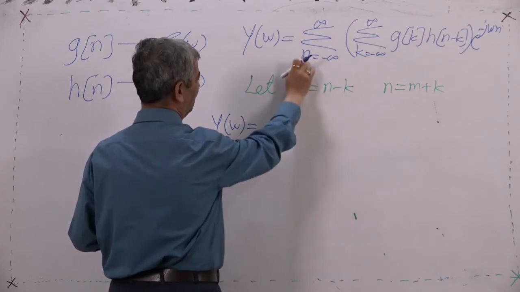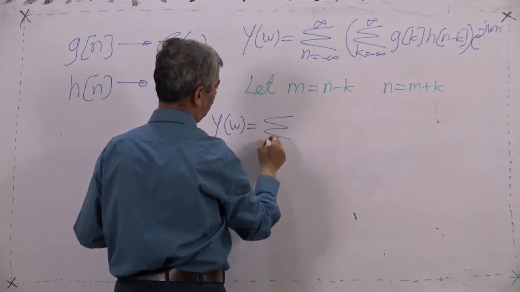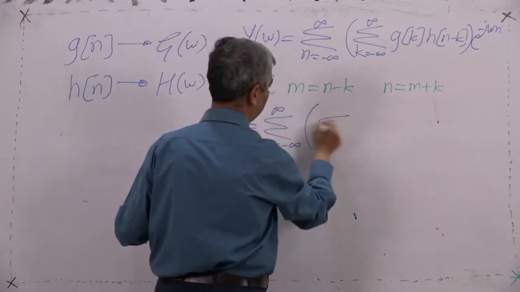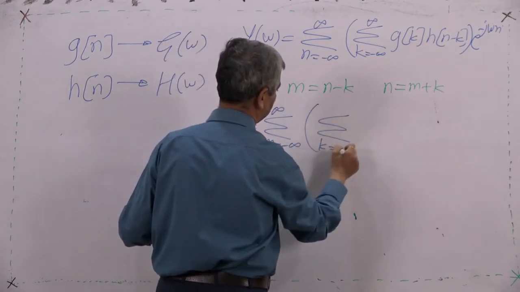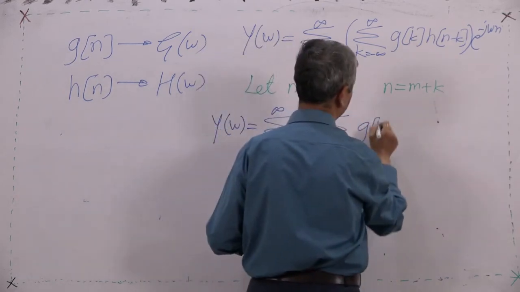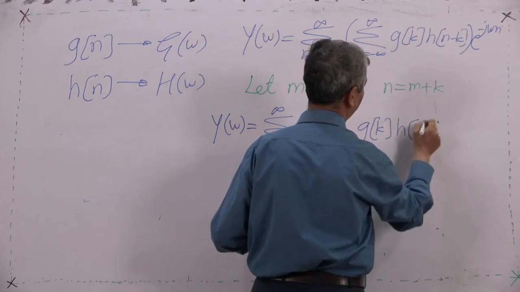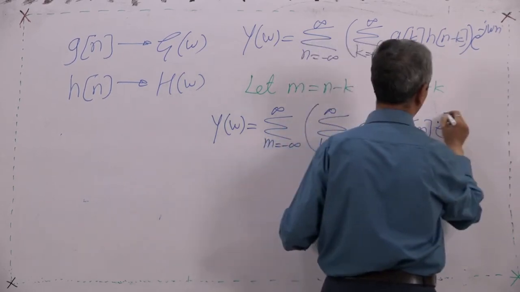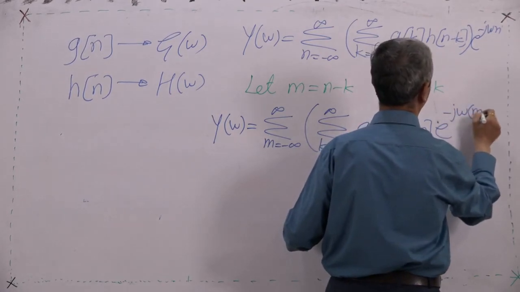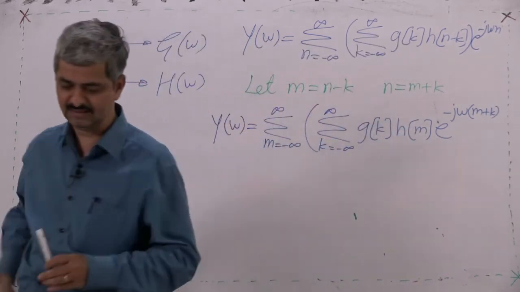So limit over n, we now change to limit over m, there is no problem, m equal to minus infinity to infinity, internal limit is same, k equal to minus infinity to infinity, gk, hm, e raised to minus j omega m plus k.